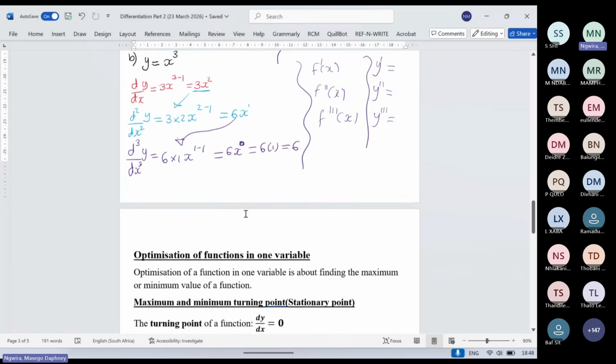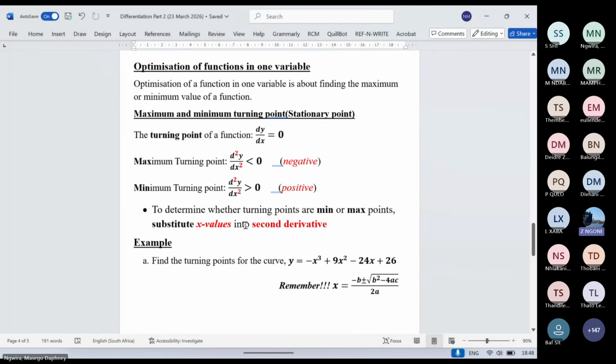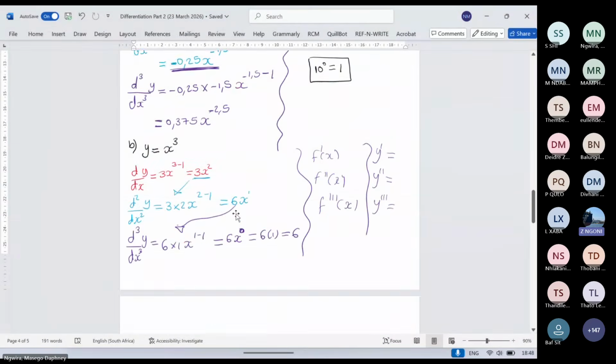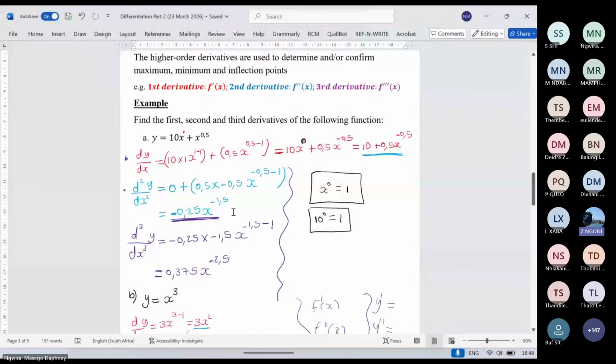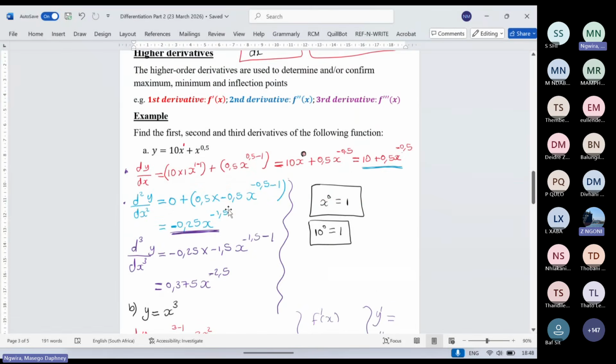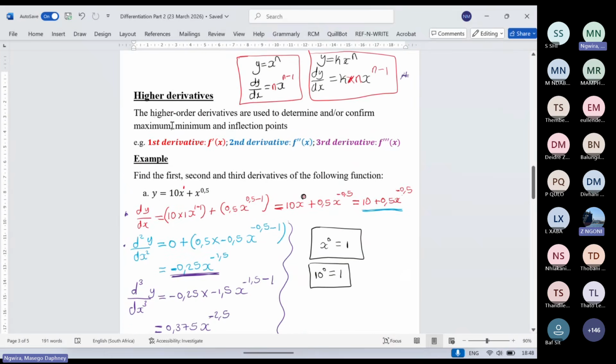Yes, Ngoni. Hi, ma'am. When we defined higher derivatives, we said we calculate them to confirm minimum, maximum, and point of inflection. So from the answers that we've got, how then would you... Yes, that's where I'm going. That's why I'm saying the higher order derivatives are used to determine and or confirm maximum, minimum.